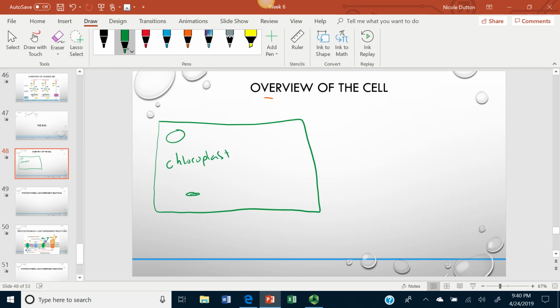And what a chloroplast is, it's stacks of thylakoid discs inside of this outer membrane.